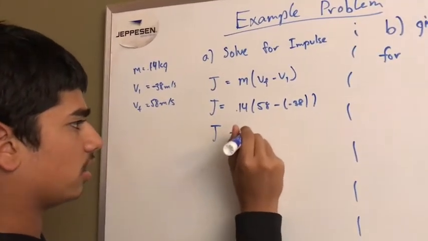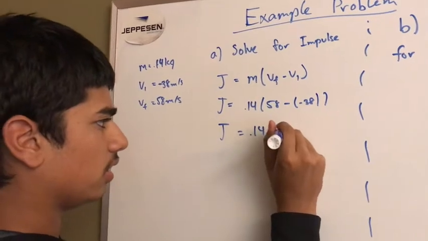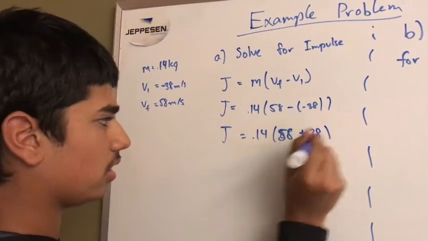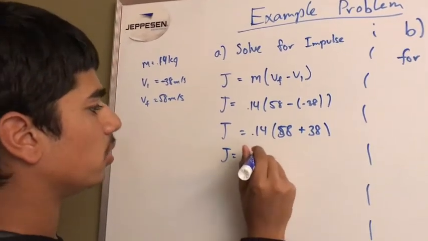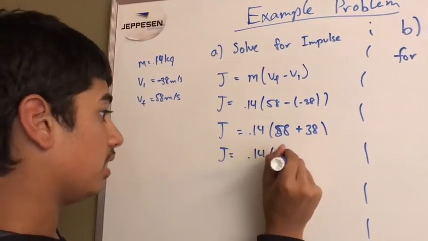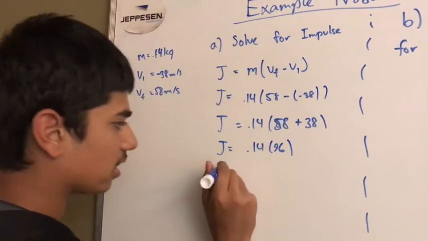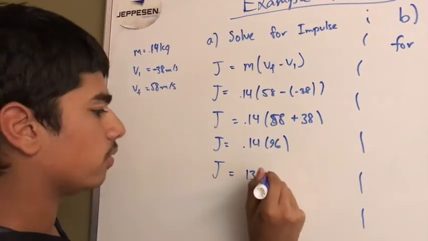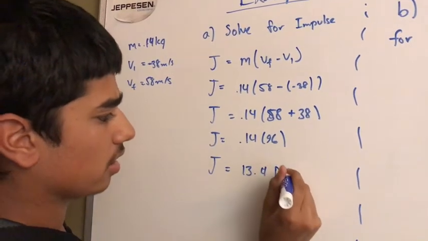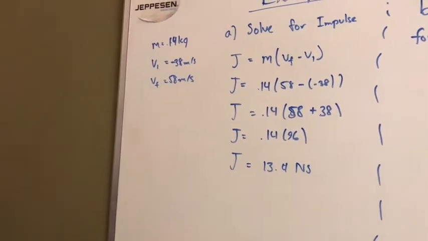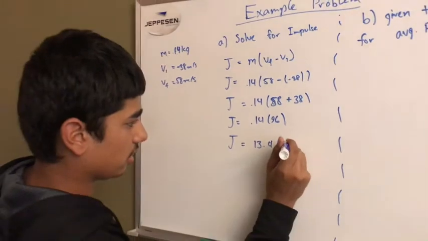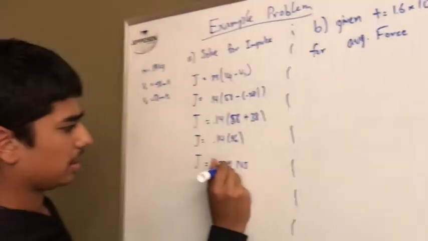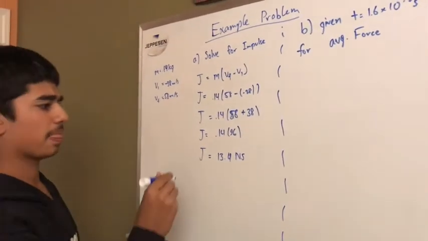Another quick simplification: 58 plus 38, which means J is equal to 0.14 times 96. That's going to end up at around 13.4 newton seconds. Newton seconds is the unit of measurement for impulse and momentum. We get that from multiplying force times time.